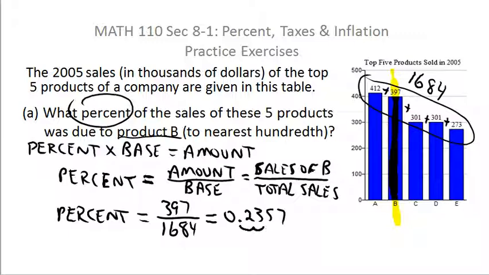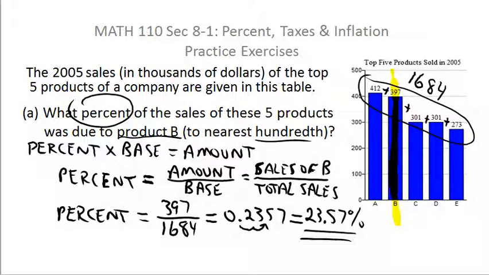So don't forget, the last step is to change the decimal to a percent by moving the decimal point 2 places to the right, and you'll end up with 23.57%. They said to do it to the nearest hundredth, and that's what we have there. Make sure when you do the arithmetic that you've done enough decimal places if it doesn't come out even, so that when you round it you will be able to get to the nearest hundredth. I think that just comes out 0.2357 anyway.